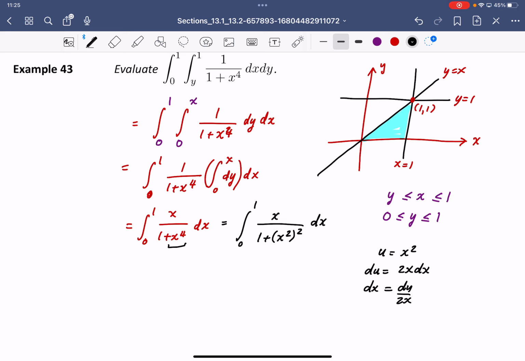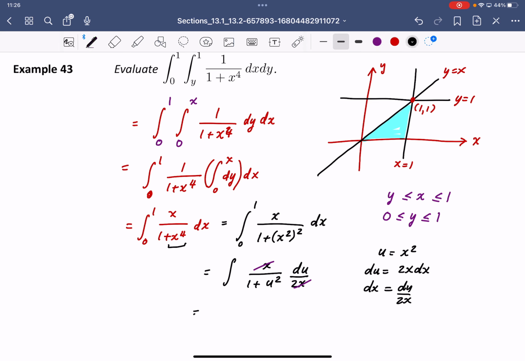If you are faster, you can say the x dx equals du over 2, but I'm going to do the slow way now. So du over 2x, and then this is x, this is 1 plus u squared, right? Because I changed x squared to u, and then dx is du over 2x, and then I cancel out.